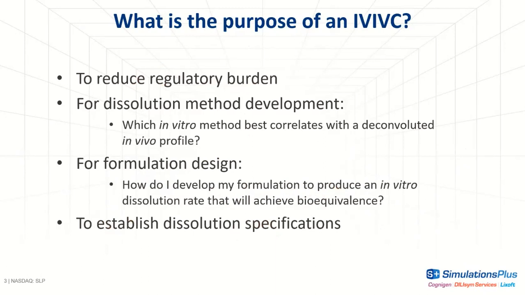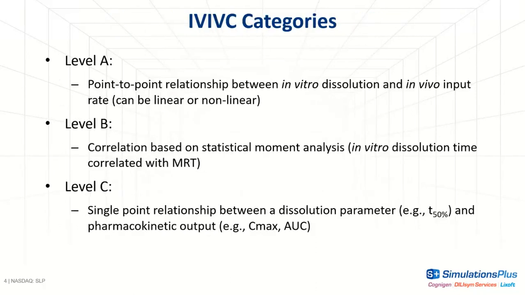And reducing the regulatory burden is really the major focus of this session in terms of how to report and effectively communicate the model, possibly sharing the model, to speed up the reviews by the regulatory agencies. There are several different categories or ways to generate IVIVC.